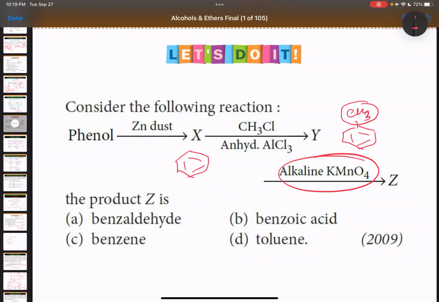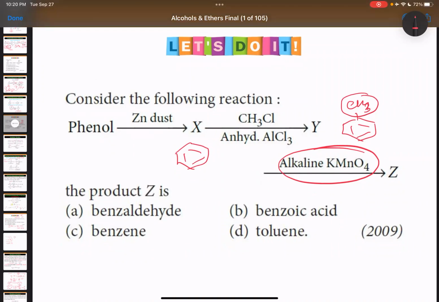All the alkyl side chains of the benzene ring containing at least one benzylic hydrogen will get oxidized completely to the COOH group.